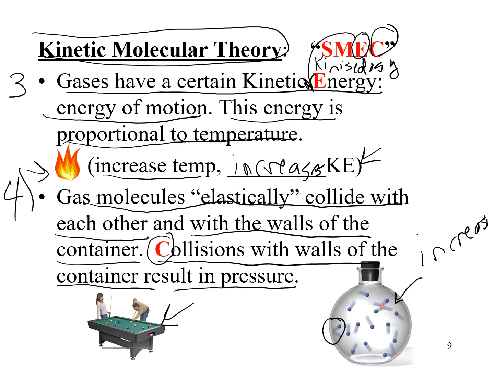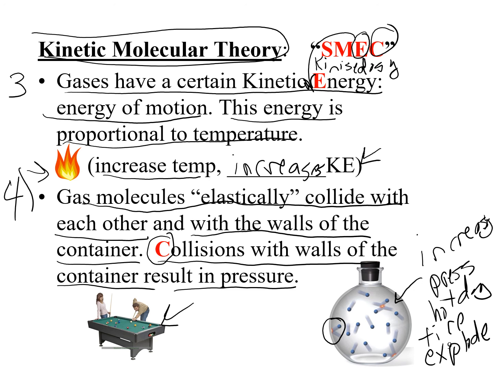You could get to the point where you increase the pressure so much due to that hot day that your container that has the gas in it, like your tire, might explode. Or if you had a gas cylinder, you have to be concerned about the temperature it's stored at, because if it gets too hot, it will explode because of the increase in temperature due to the motion of those gas molecules.